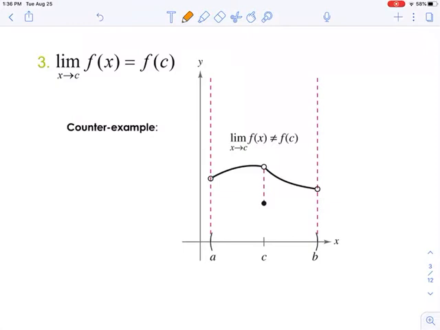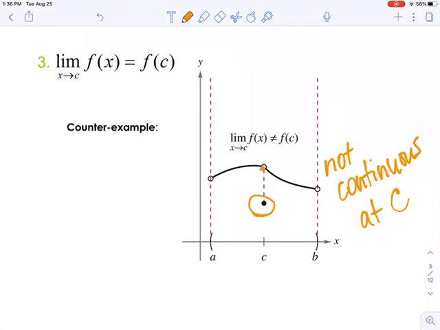And then our third stipulation, this is the one we've talked a lot about without knowing continuity, okay? We did some homework problems at the beginning of last week where I asked you about the limit and the function value. So here we have a limit that exists at c, and we have a function value at c. Each of those has a value, but since they are not the same, this is not continuous.